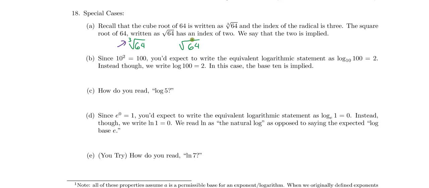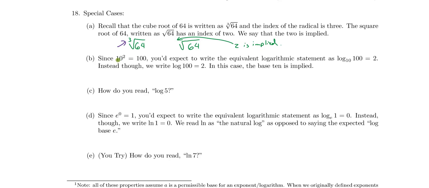Well, you all know to read this as the square root. That is, in this case, the 2 is not written out, but it's implied. So we all know that the index of that radical is 2, even though it's not stated. We're going to do the same thing. We're going to have some implied bases for our logarithms, and that's a little bit confusing.